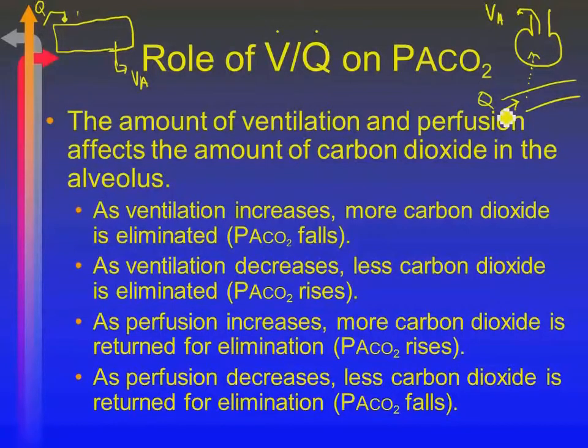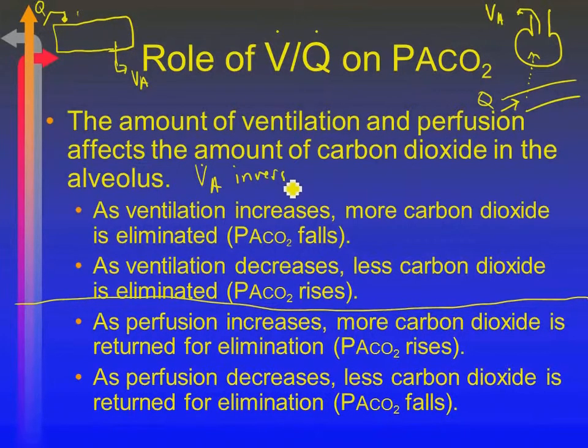So let's take a look at the two situations as far as what's going to happen with alveolar CO2 as we deal with ventilation. Well, we said a long time ago that alveolar ventilation has an inverse relationship with arterial and alveolar CO2.